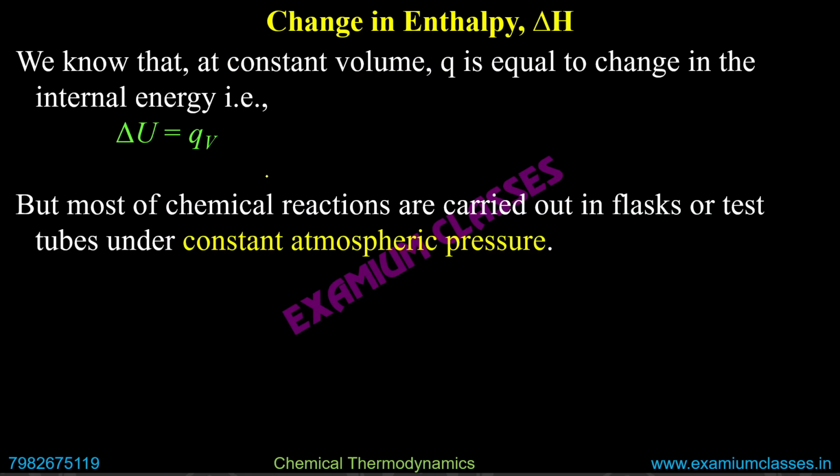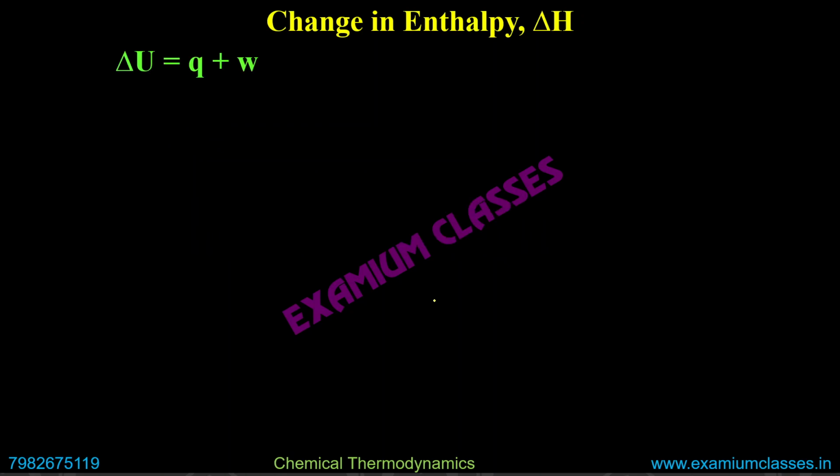But most of the chemical reactions are carried out in flasks or test tubes under constant atmospheric pressure. So we do the reactions in test tubes which are open. So it is actually the atmospheric pressure which should be constant, not the volume. So for that, the concept of change in enthalpy comes into picture.